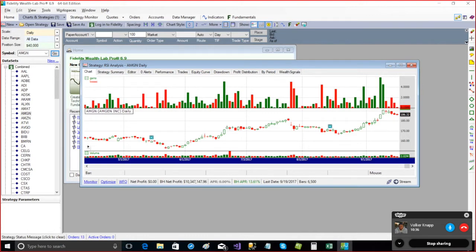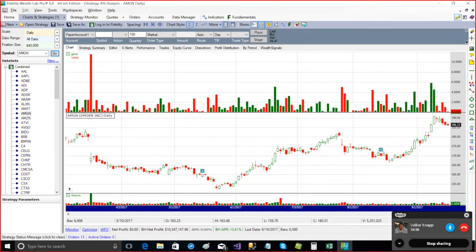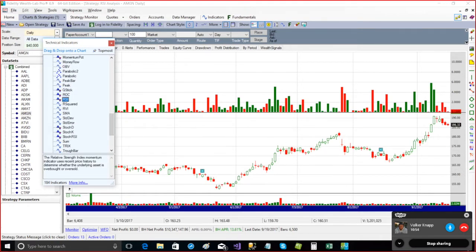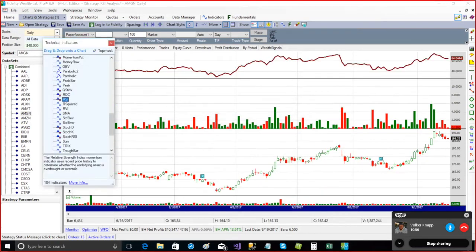So, first things first, how is RSI calculated? What is it? I mean, we've all seen the indicator, and I can actually go to our indicators here and drag and drop the RSI onto the chart.